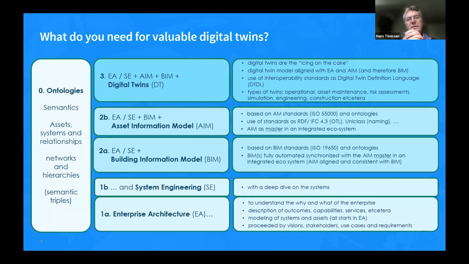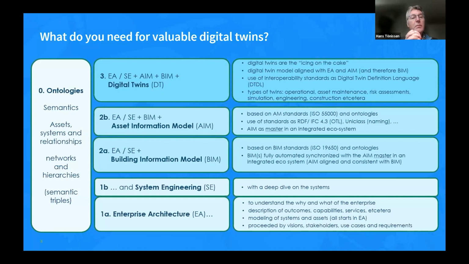The digital twins then are more the icing on the cake, where besides the information of the asset information models and the business information models, building information models, you can add all the data to it from MES systems, SCADA systems, all kinds of IoT stuff.